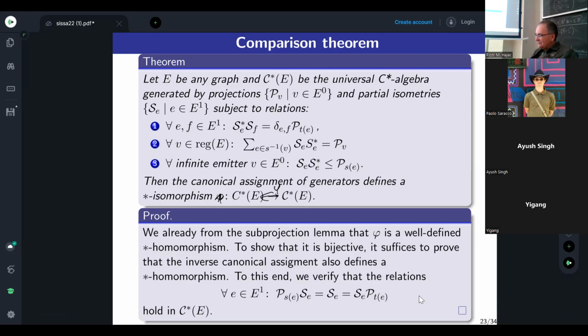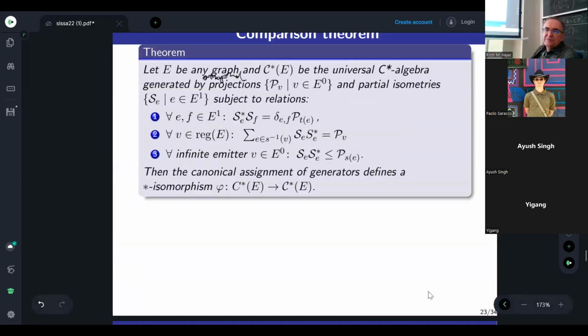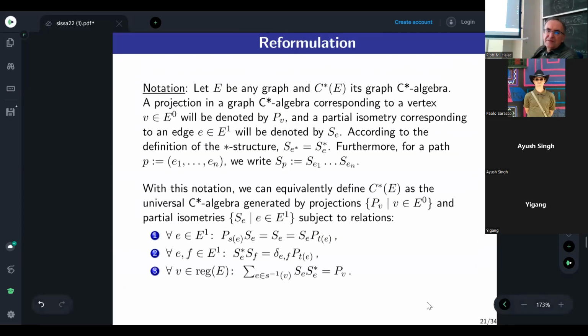If you remember how we did this presentation of a graph C*-algebra, that's this part here. We have condition number 3, it's by assumption. We have condition number 2, it's by assumption. But we have condition number 1, which is not assumed in this calligraphic C*-algebra.